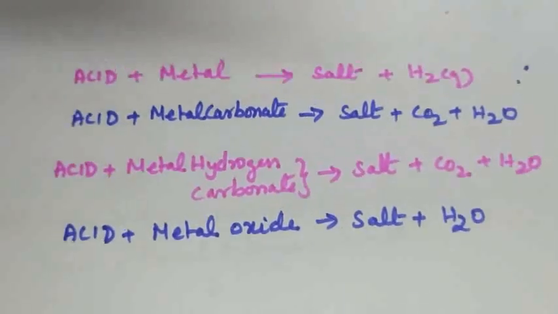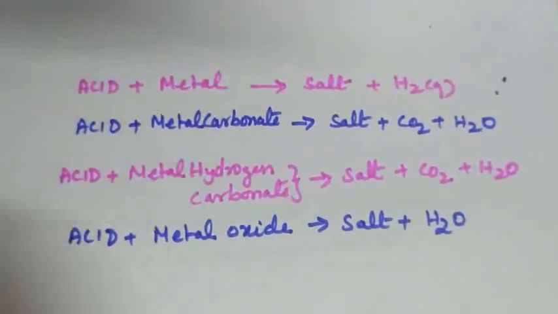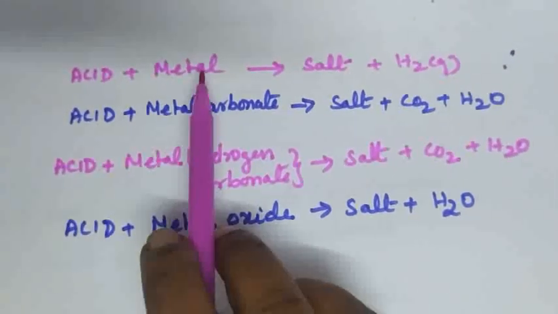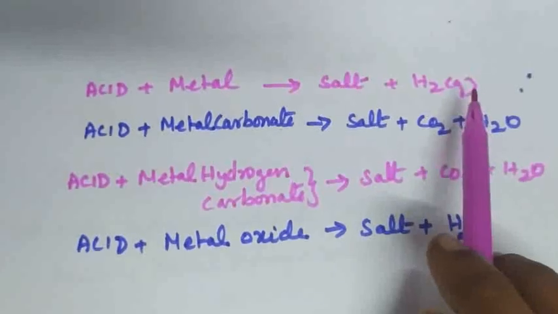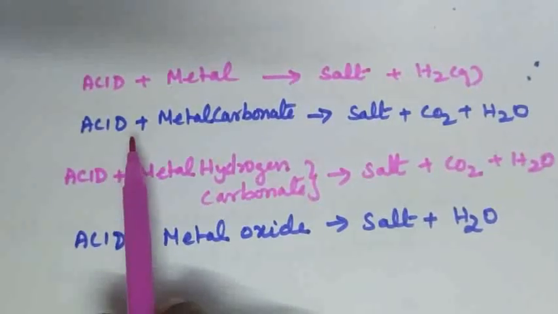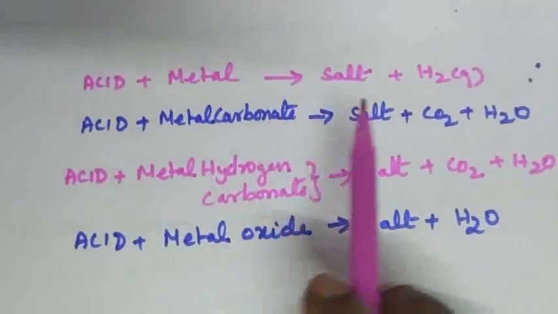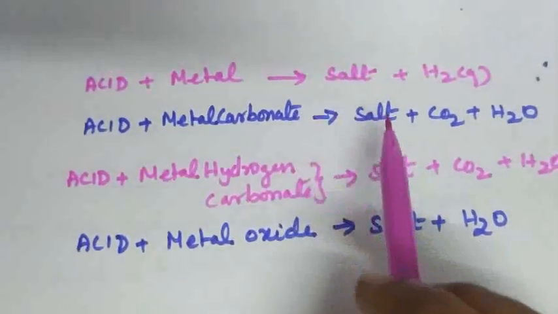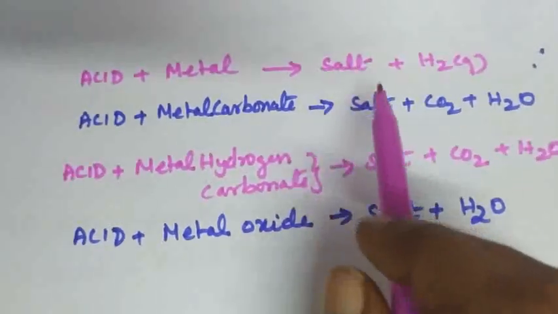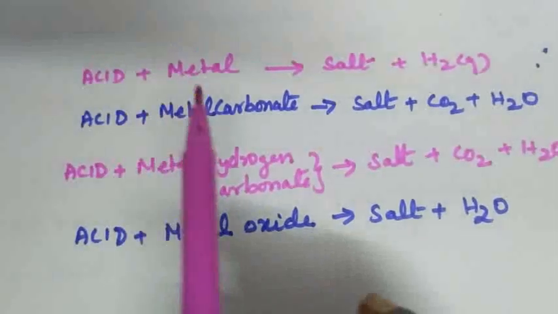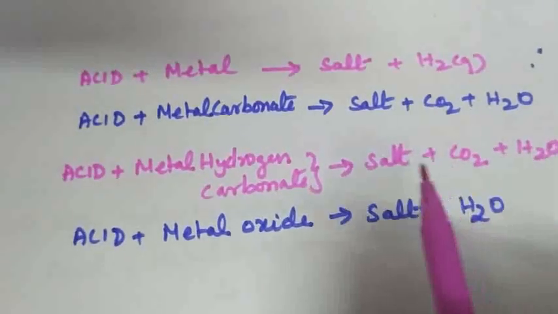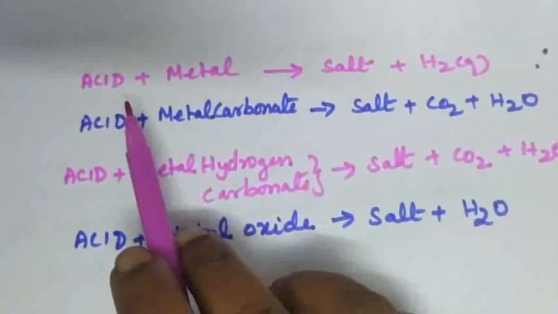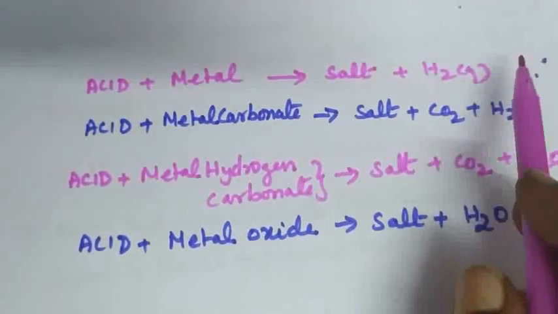To summarize, we have acid with metal, which gives you salt and hydrogen gas. Second, we have taken acid with metal carbonate. Again the product is salt. See, in all the 4 cases, we have salt, which is common. So acid always reacts with a substance to give you a salt. One product is easily identified. If it is acid with just a metal, then it is hydrogen gas.